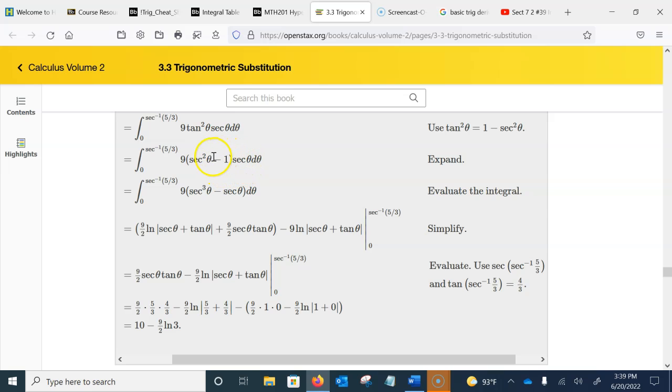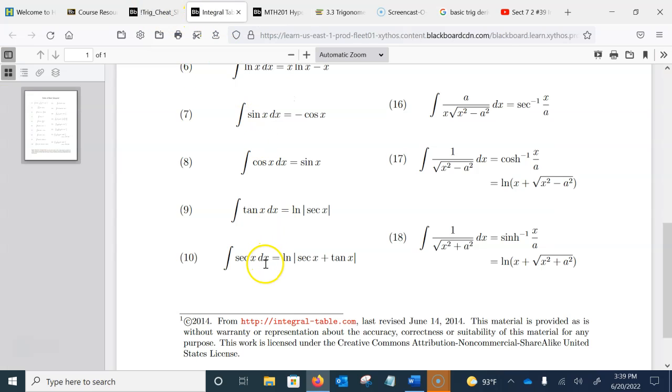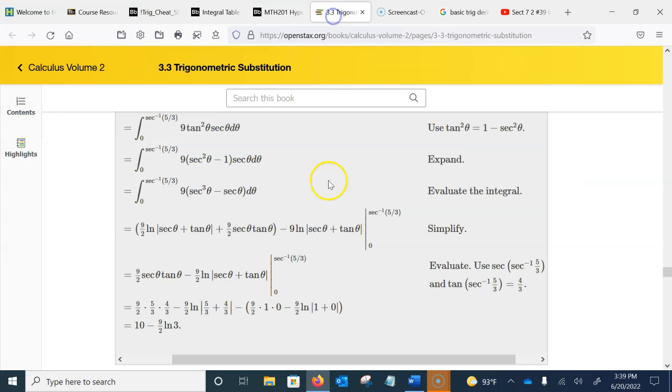Now they're going to distribute the secant theta to each piece, so I have 9 secant cubed theta minus secant theta. And in this component here, the minus secant theta, that's in the integral table. So here's secant x. So this minus natural log of secant theta plus tangent theta is taking care of this component here. Now I am evaluating from 0 to inverse secant of 5/3.